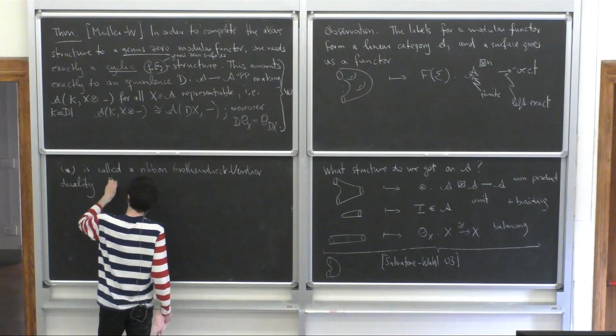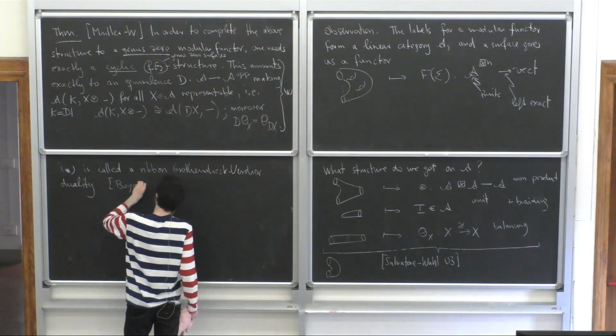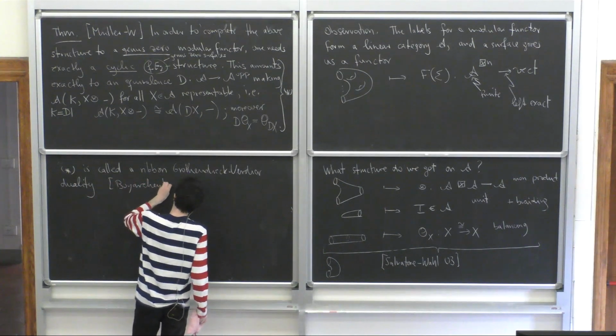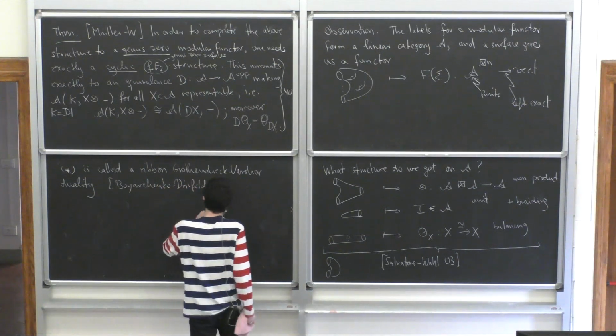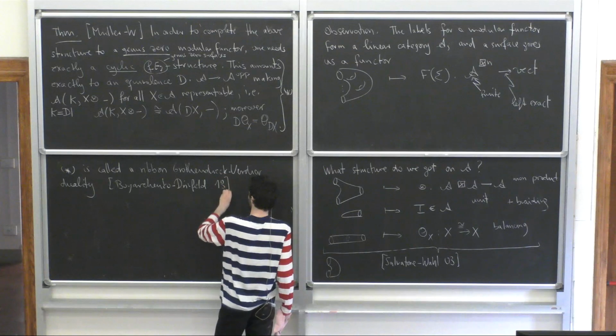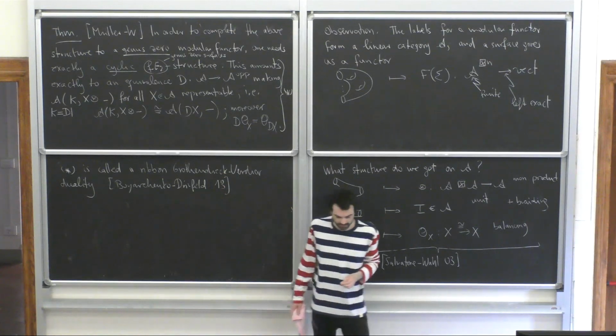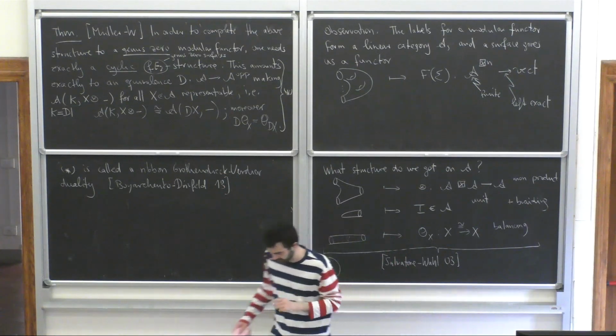And this was defined by Boyarchenko and Drinfeld in 2013. But there's the older notion of a star-autonomous category, which basically does the same thing.